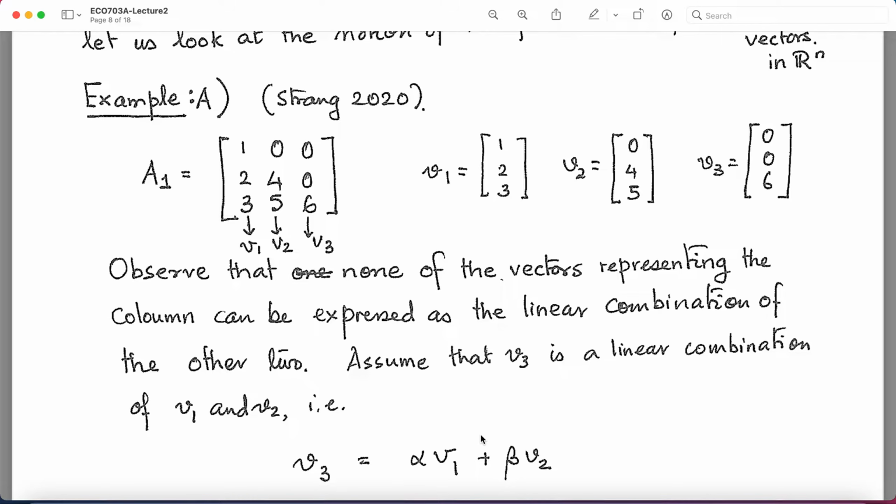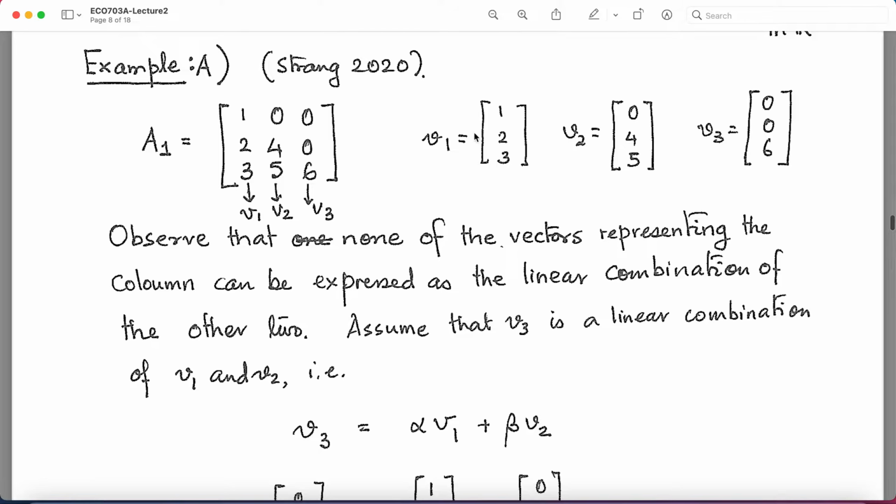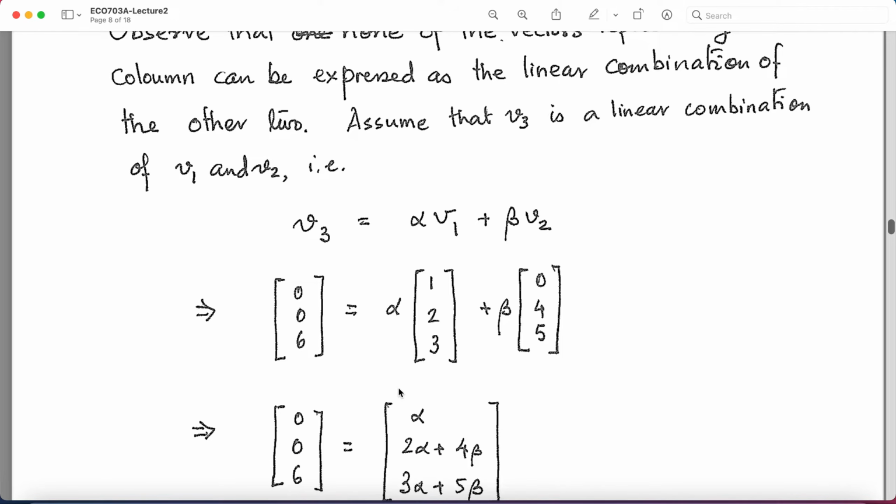If you look at these three vectors, none of them can be expressed as a linear combination of the other two. For example, V3, which is (0, 0, 6), cannot be expressed as alpha V1 plus beta V2. You cannot find any alpha and beta such that alpha V1 plus beta V2 equals V3. Suppose I can; then I must have this vector equation.